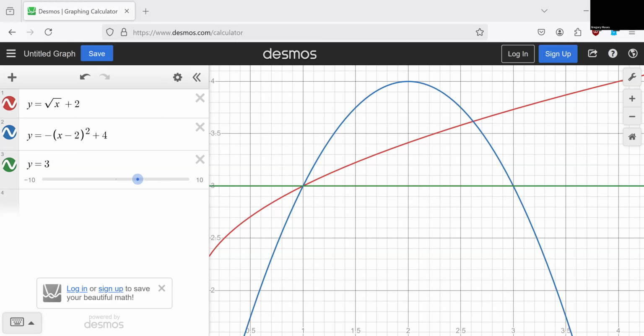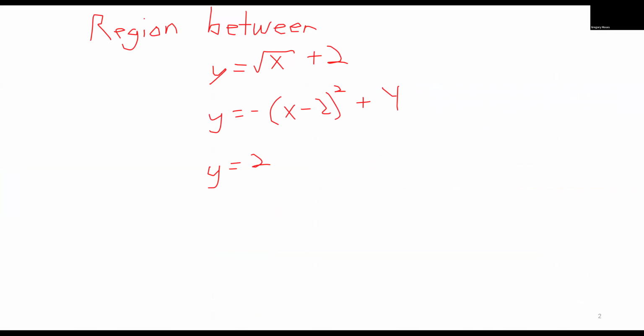So we go back to the whiteboard. We've got a square root function, sometimes being the upper curve, and then other times we have this quadratic being the upper curve.